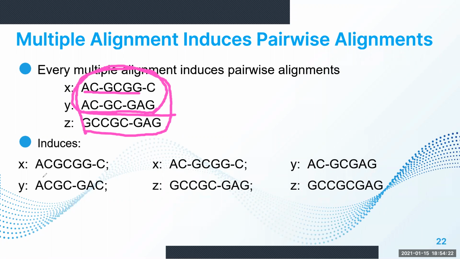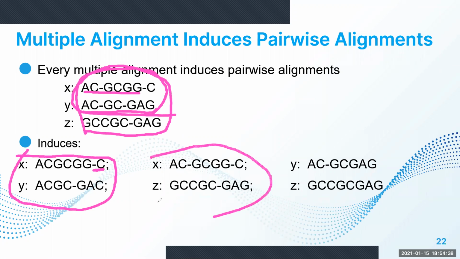If you align X and Y, we introduce gaps, and we have only one gap here. Then if we align X and Z, we have to put two gaps to optimize this pairwise alignment.